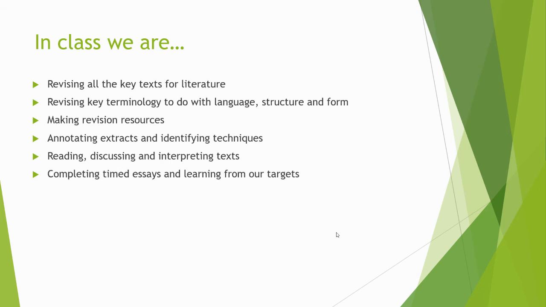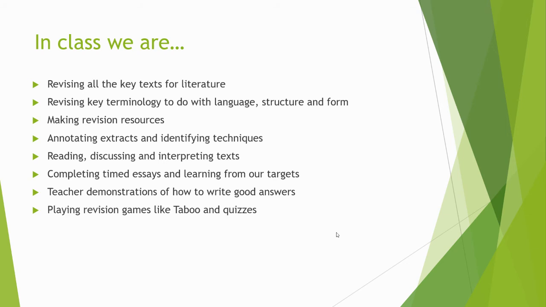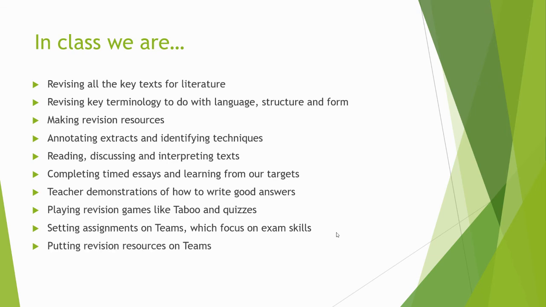Completing timed essays and learning from targets. And the teachers will be demonstrating how to write good answers. We'll also be playing revision games like Taboo and quizzes. Teachers are setting assignments on Teams which focus on exam skills, and they are also putting revision resources on Teams.